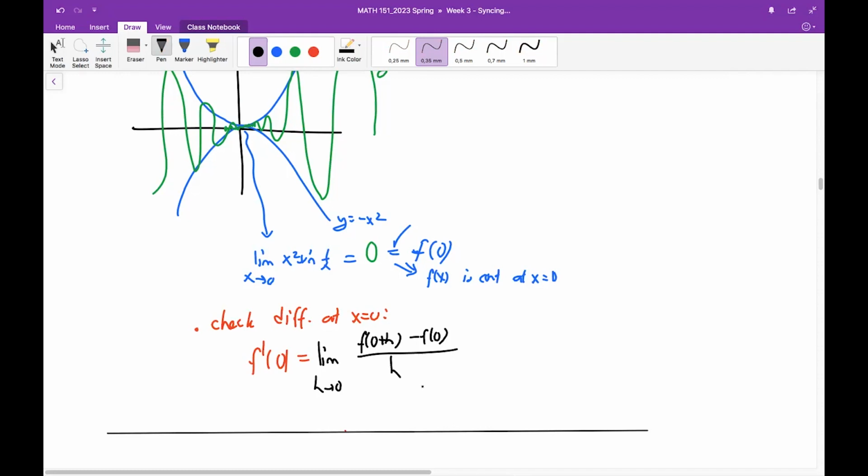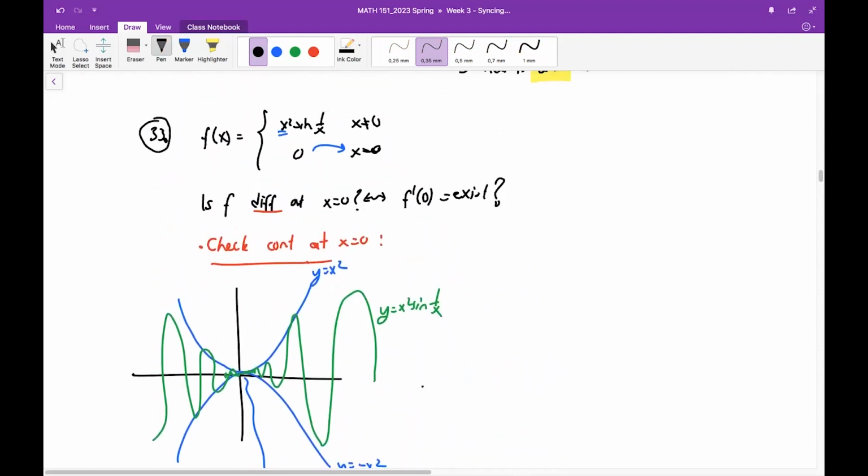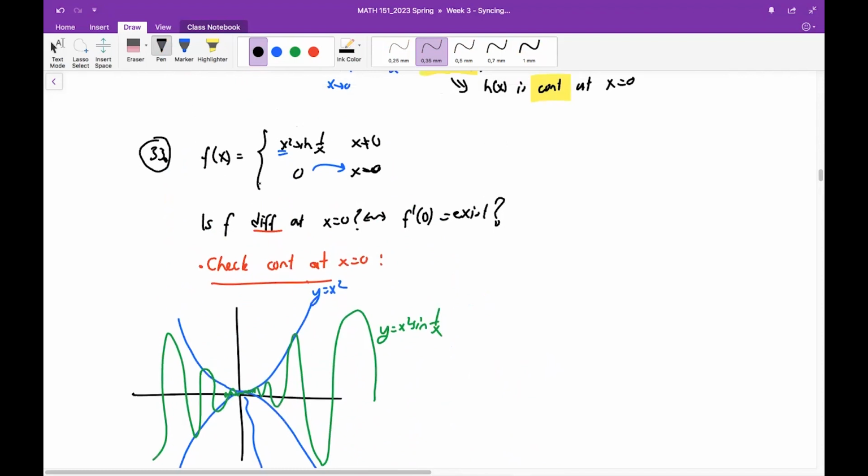Let me warn you about something. If your function is piecewise defined like this, and if you are searching for the first derivative at this breaking point like x equals 0, the critical point of this piecewise defined function, you need to use the limit definition, okay?